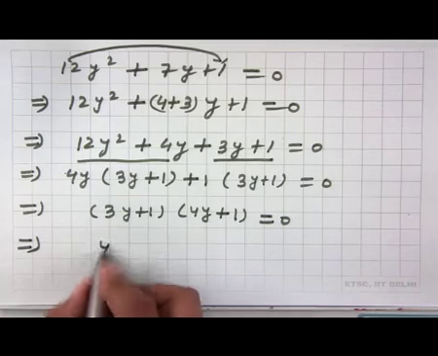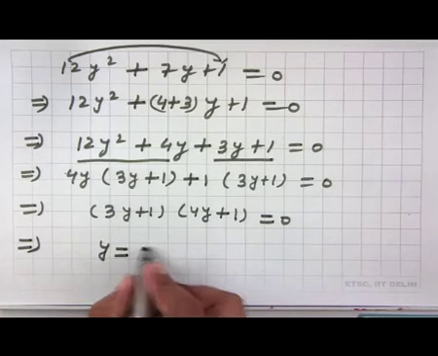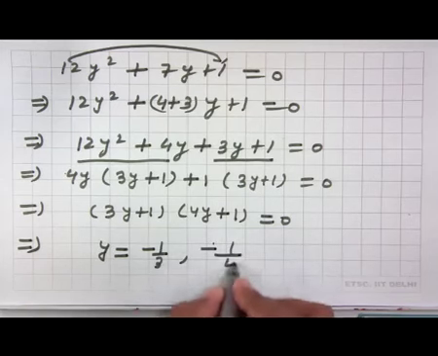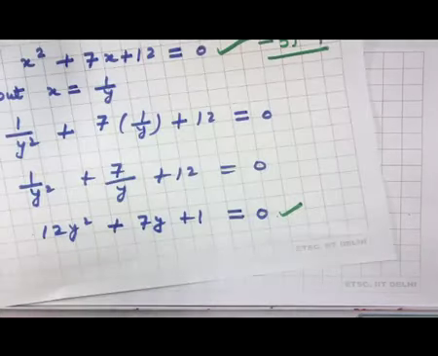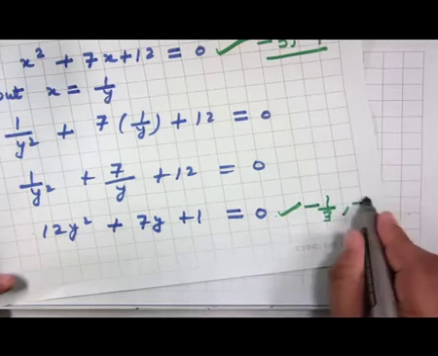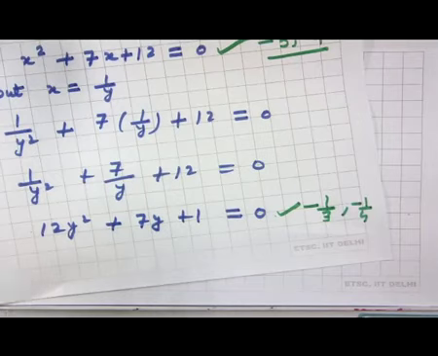Now, the roots will be minus 1 over 3 and minus 1 over 4. The roots of this quadratic equation are minus 1 over 3 and minus 1 over 4, which are reciprocals of the roots of the given equation.